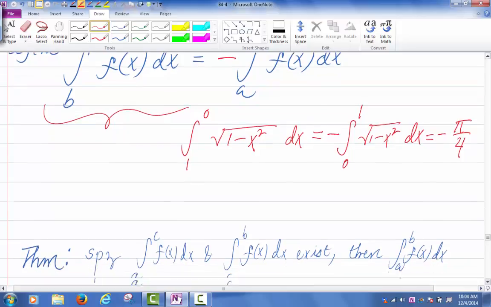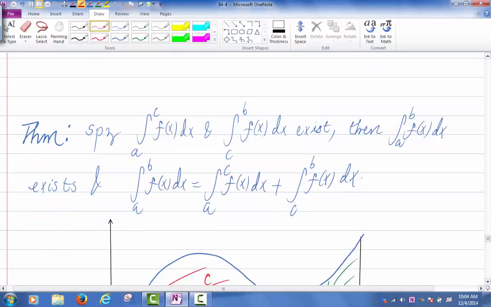Okay, here's another theorem. The theorem says that suppose that the integral from a to c is defined, and also the integral from c to b is defined. So there are a, c, and b, three numbers, and I know that the integral of f from a to c is defined, and the integral of f from c to b is also defined.